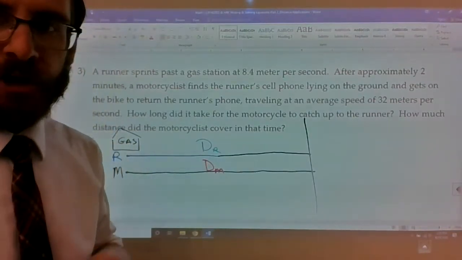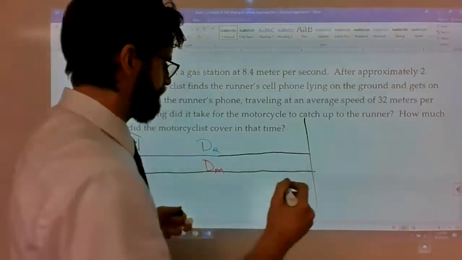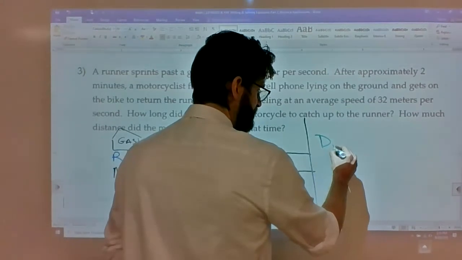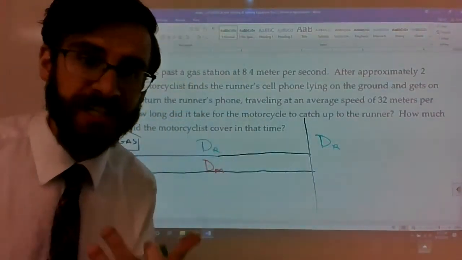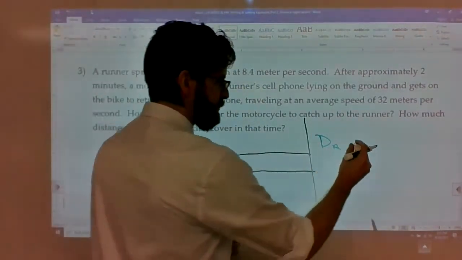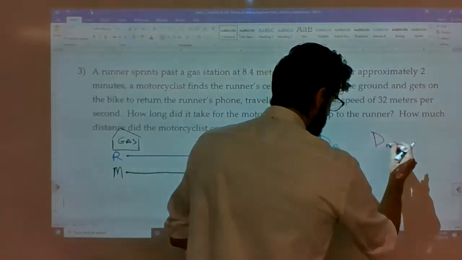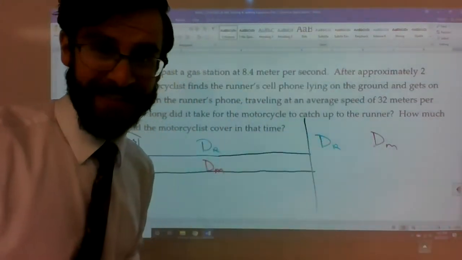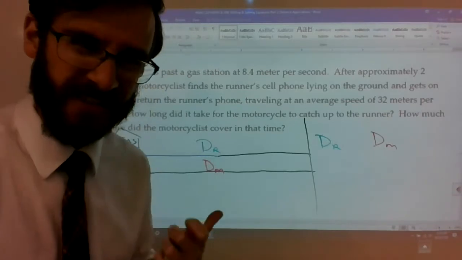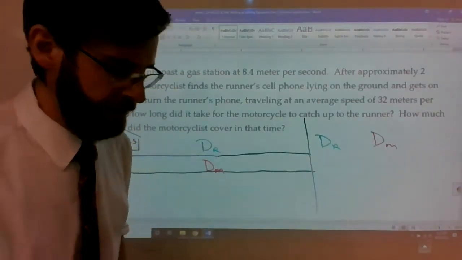So what we're going to do is find an expression for the runner's distance, using rate times time, find an expression for the motorcyclist's distance, using rate times time in some way, and then we set them equal to each other.